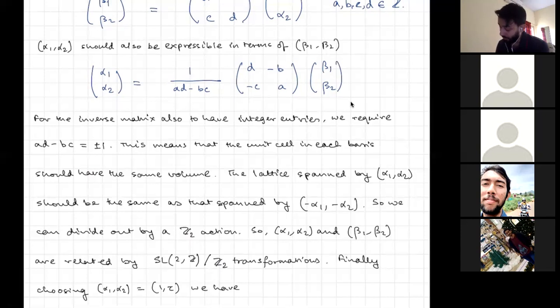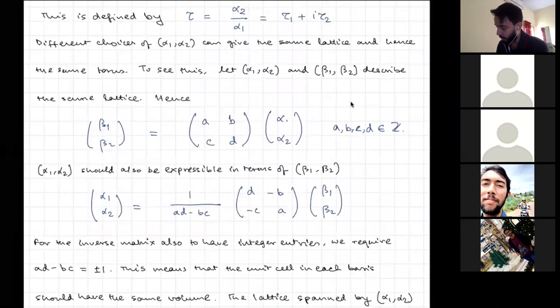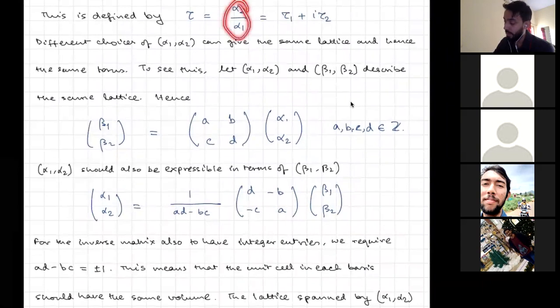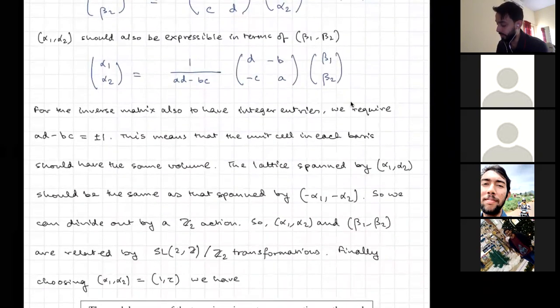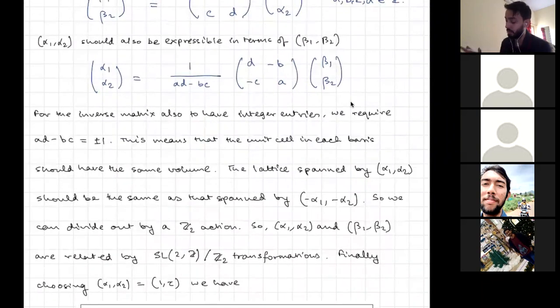And finally, if you choose alpha 1, alpha 2 as 1 and tau, remember tau was just alpha 2 by alpha 1. So there is a scale in the system which we have just scaled out in some sense. If we choose alpha 1 as 1, then alpha 2 just becomes tau.